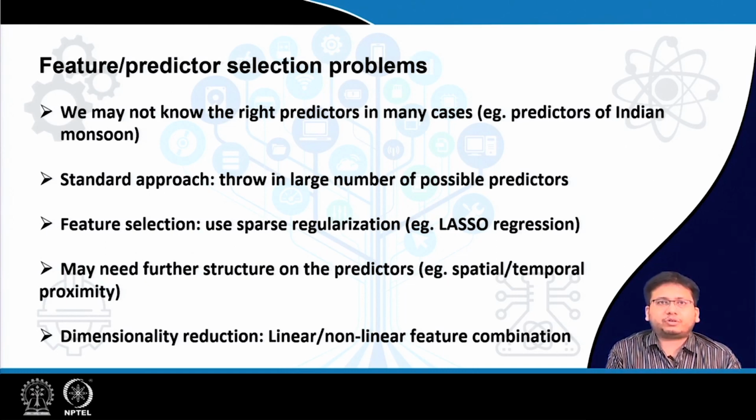Now, the prediction algorithm may identify which of the features are useful and which are not. So, there is the concept of sparse regularization, where, for example in a regression problem, each of the features is provided with a coefficient, and the magnitudes of these coefficients indicate the relative importance of that feature for that particular problem.